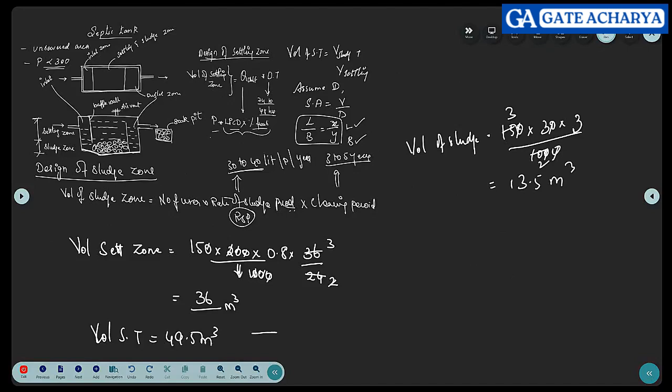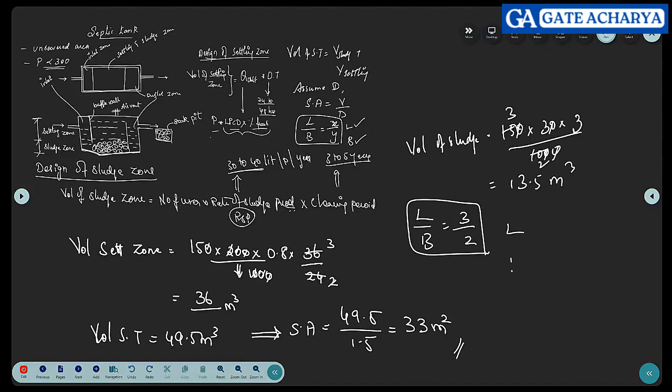What is the height? 49.5 divided by 1.5. How much are you getting? 33 meter square. So from that you can find out L by B ratio, then estimate from that. In case L by B ratio is given as 3 by 2, calculate what is length and what is breadth.